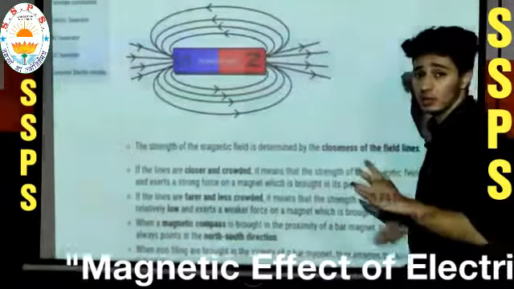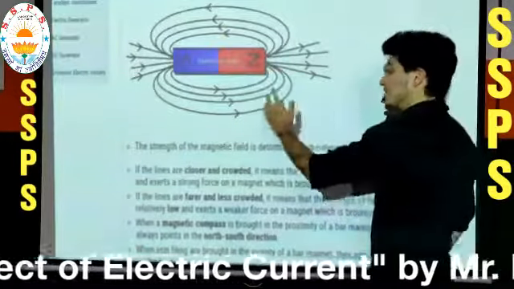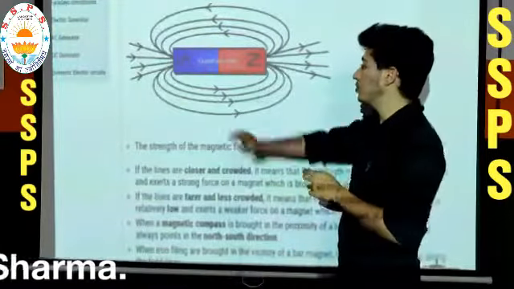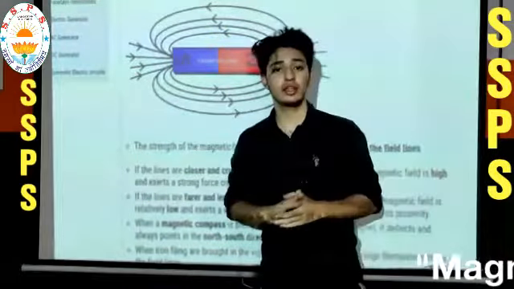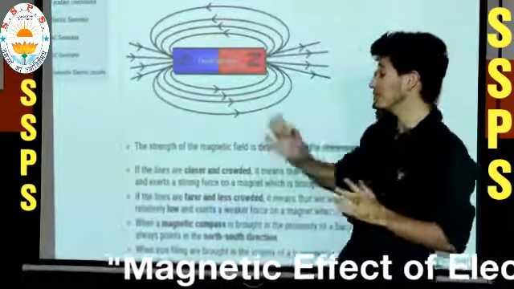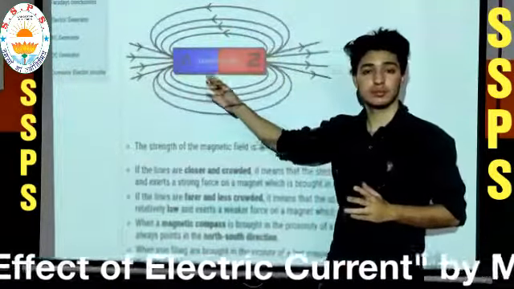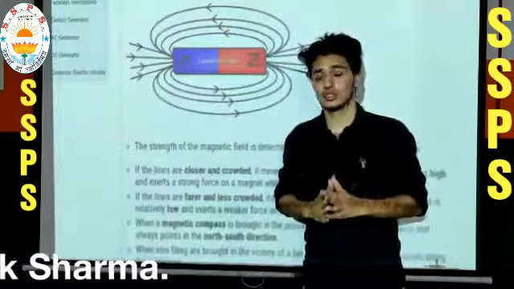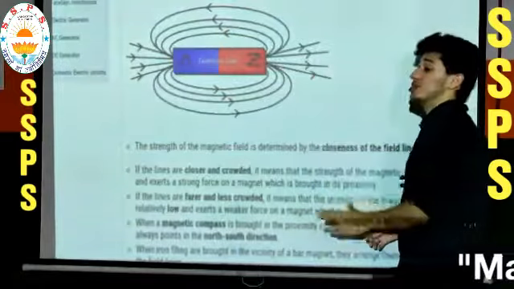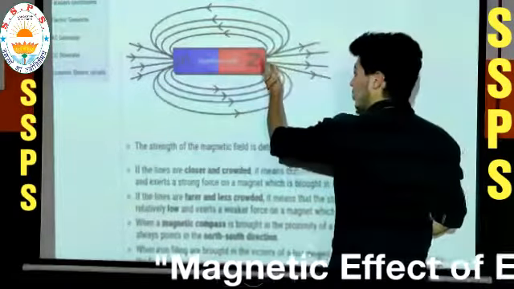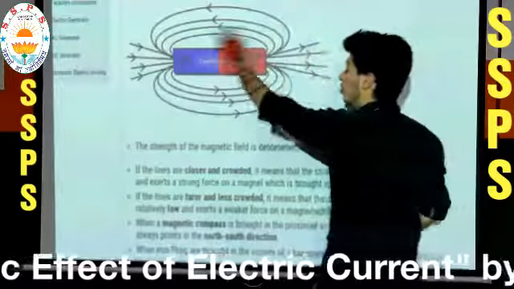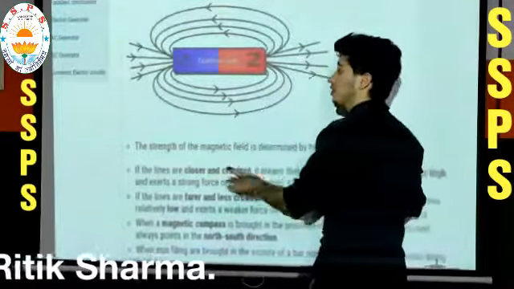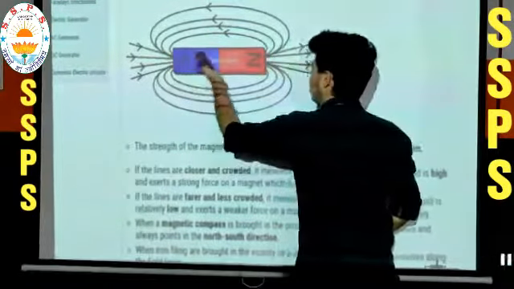Again, these are the magnetic field lines of a bar magnet. If we sprinkle iron filings on a bar magnet, the iron filings will arrange themselves in this shape, that is, they will show us the field lines. Magnetic field lines always emerge from the north pole and go to the south pole outside the magnet, and inside the magnet they go from the south pole to the north pole.